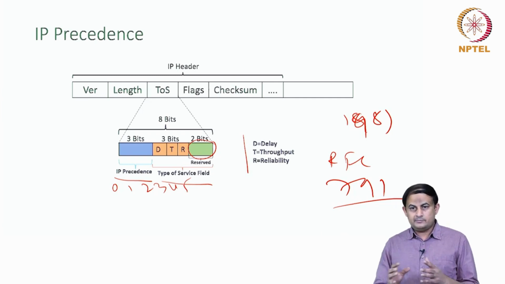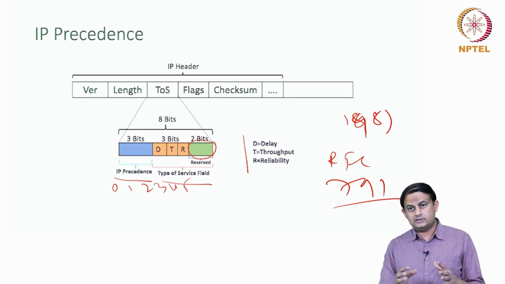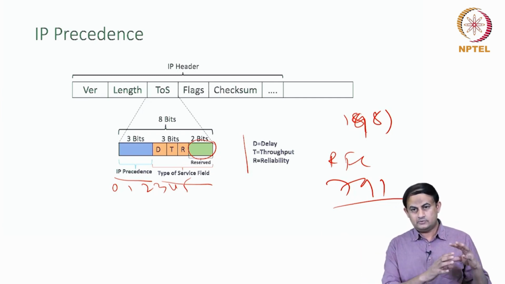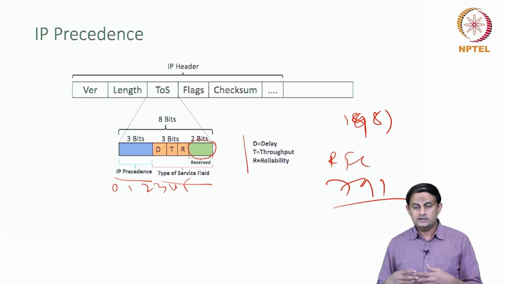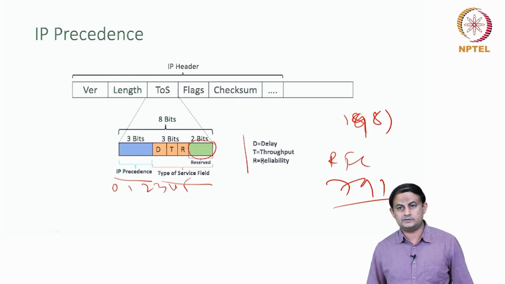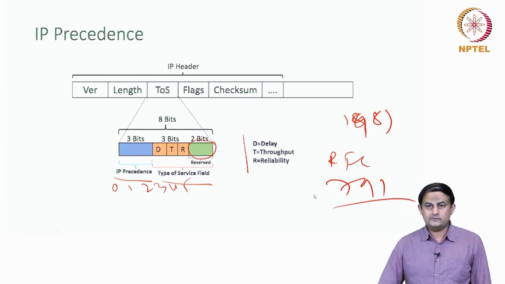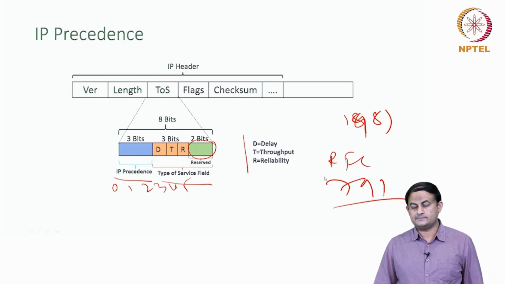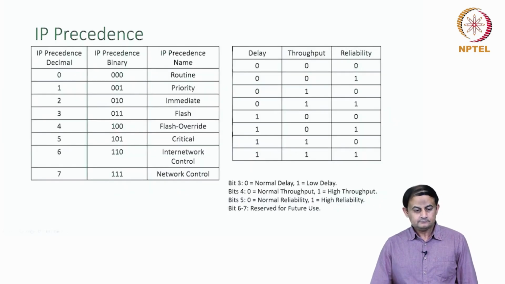So these 8 bits are divided into 3 parts: the first 3 bits as IP precedence, the next 3 bits indicating delay, throughput and reliability, and the last 2 bits reserved for future use as per RFC 791.